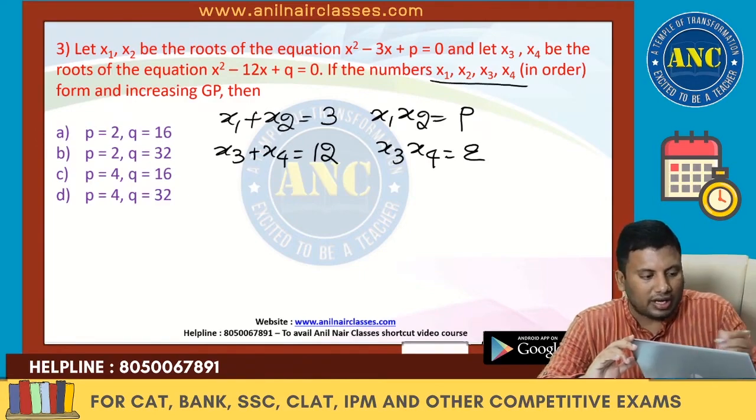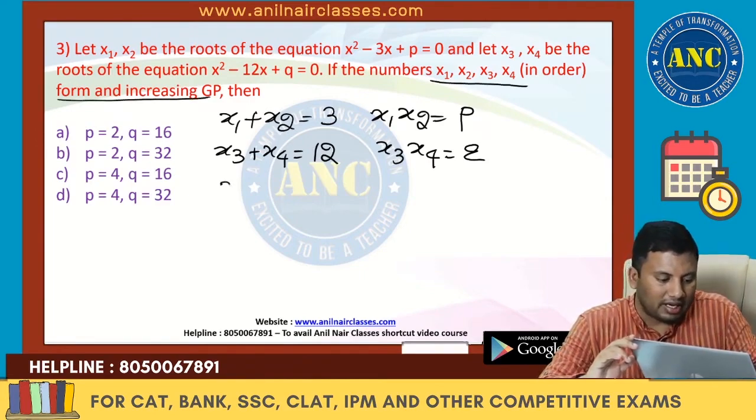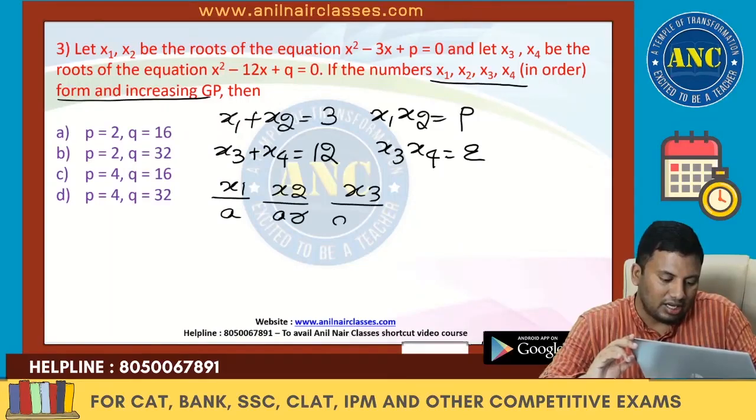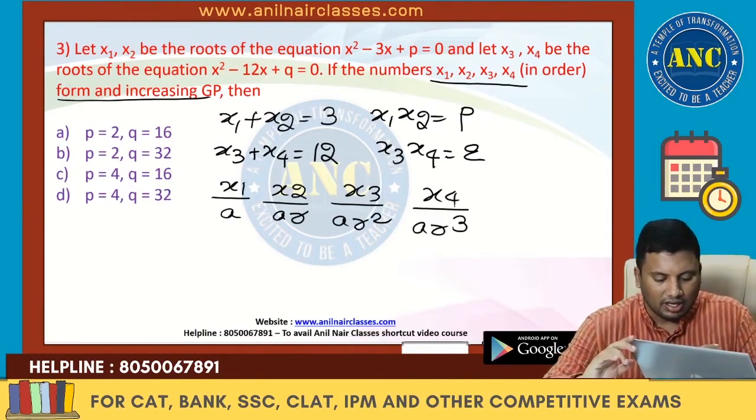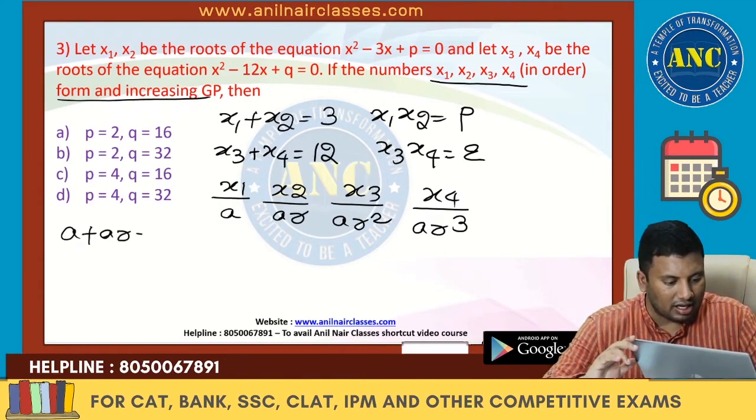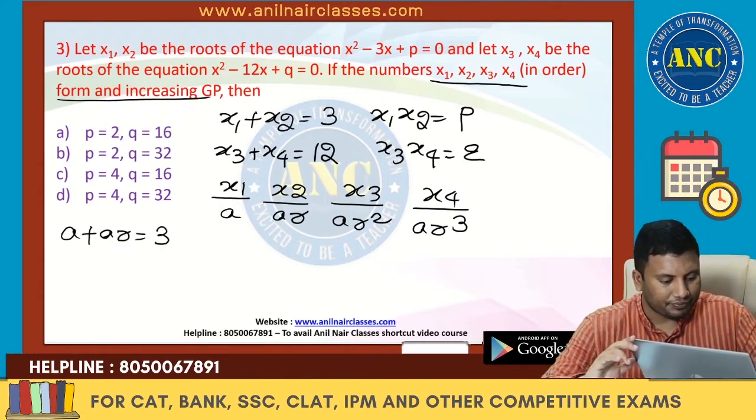x1, x2, x3, x4 form an increasing GP, so x1 is a, x2 is ar, x3 is ar square, x4 is ar cube. This is clear. x1 plus x2 equivalent to 3, so a plus ar is 3.